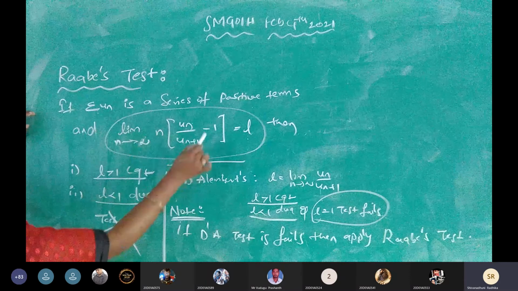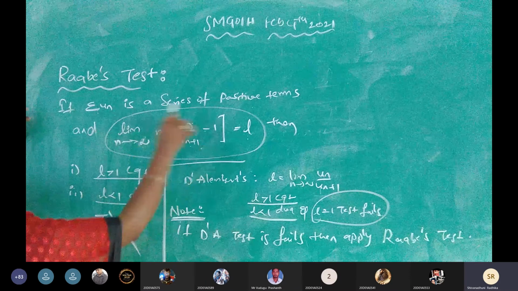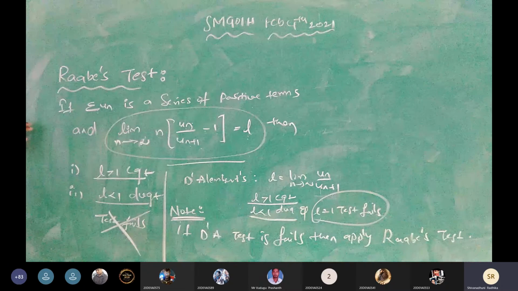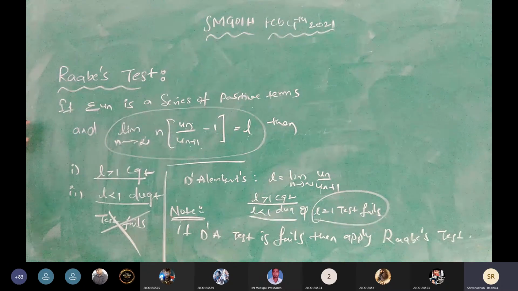Then we compare that L value with 1. If L is greater than 1, it is convergent; if L is less than 1, it is divergent. And the test fails condition is not there in Rabe's test.